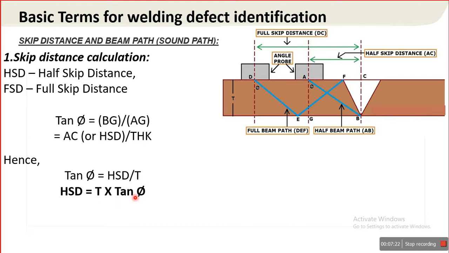As we know the probe angle, because we selected it in the previous step, and the thickness of component is known to the inspector, we can calculate this half skip distance with the help of the thickness of component and tan phi.